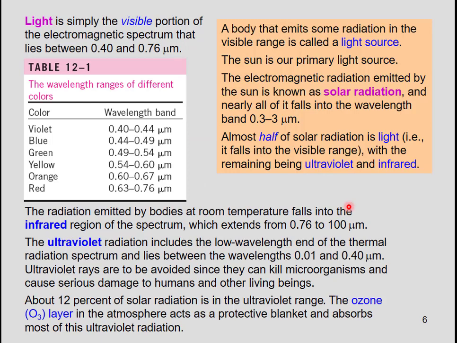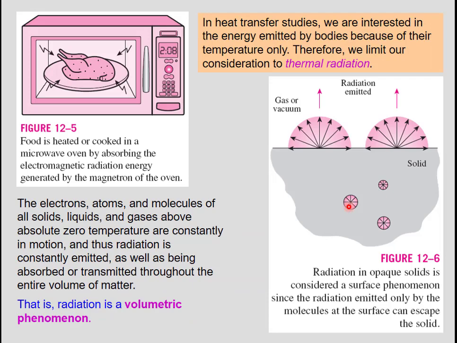And the other parts, as I told you, are the ultraviolet and infrared, of which 12% is actually ultraviolet. So half of that is visible range, 12% ultraviolet, and almost 38% will go for the infrared radiation.